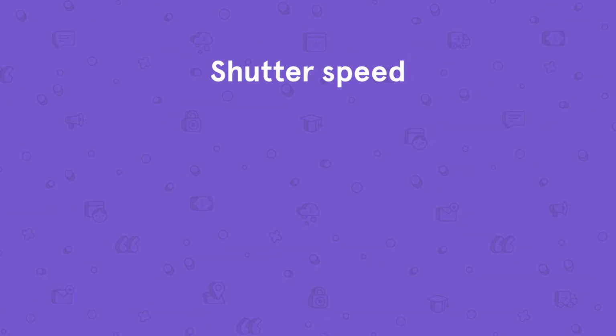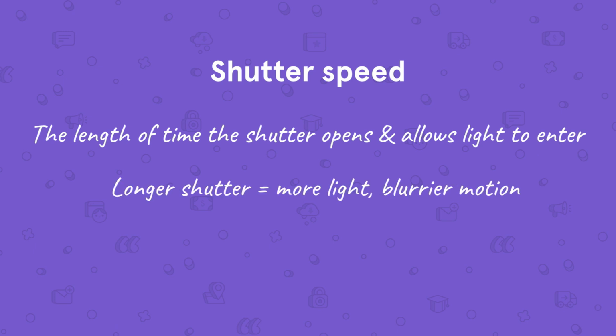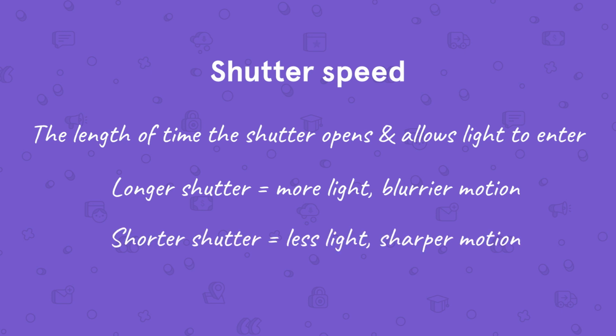The next setting we're going to talk about is shutter speed. Shutter speed is the length of time the shutter opens to expose a frame to what's coming through the lens. The longer the shutter stays open, the more light is allowed in and the blurrier the motion is. The less time it stays open, the less light is allowed in and the sharper the motion is. A basic rule of thumb is you want the shutter speed to be about double your frame rate.